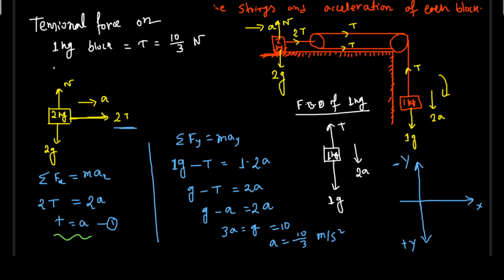And if we talk about the tensional force on the 2 kg block, then it will be 2T, so it will be 20 upon 3 Newton. Okay, and the acceleration of the 1 kg block is 2a, so it will be 2 into 10 by 3, that is 20 by 3 meter per second square. But if we talk about the acceleration of the 2 kg block, this will only be 10 by 3 meter per second square. So this is how we can solve this kind of problem.